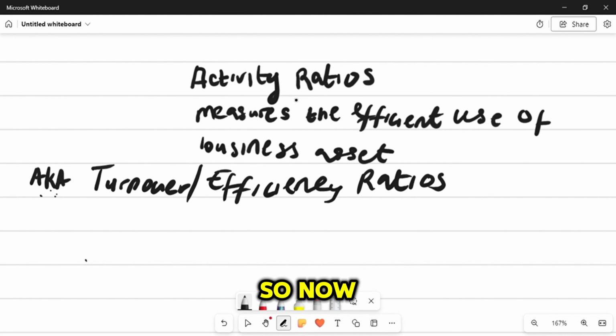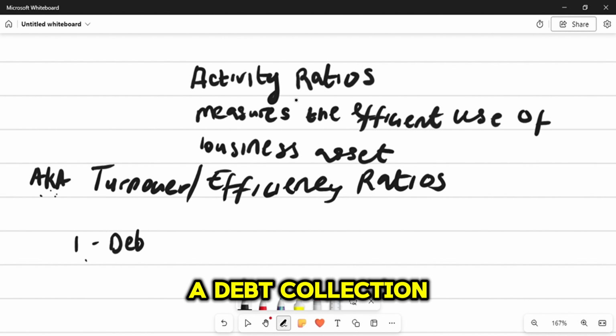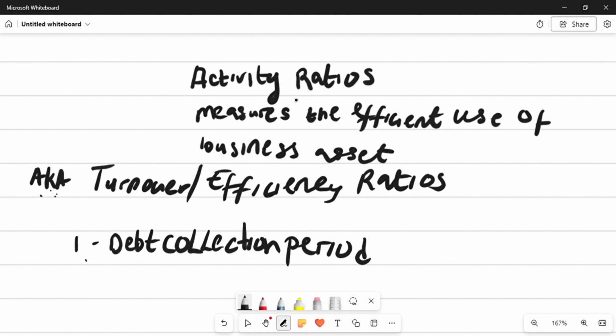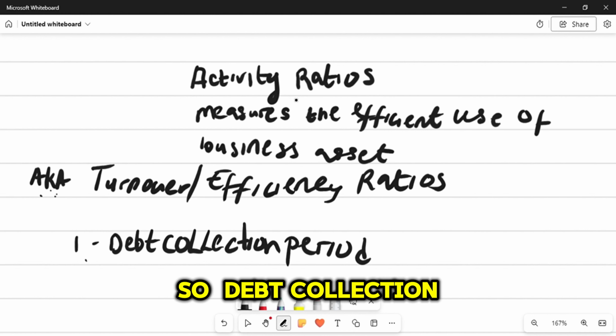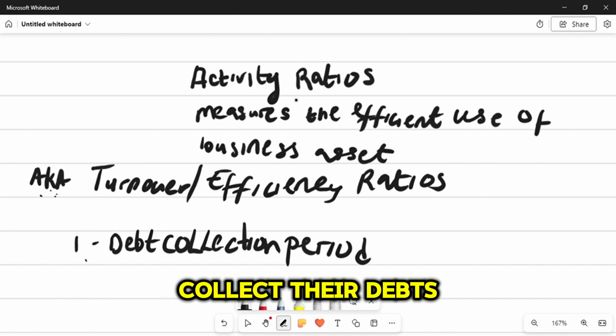So now the first ratio that we're going to be looking at here is debt collection period. Sorry. This is basically the ratio that measures how long it takes for a company to collect their debts, right?